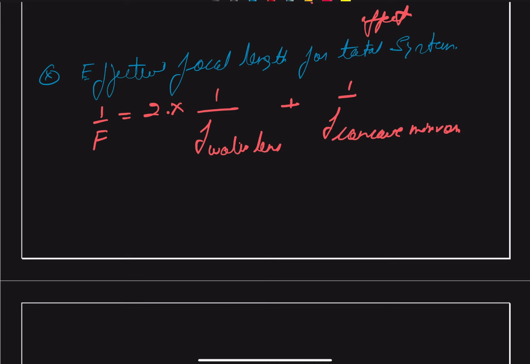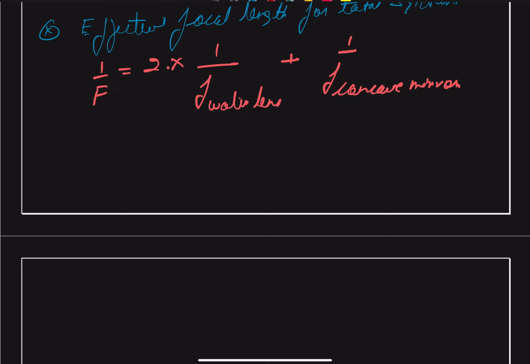And it is basically a plano-convex lens of radius r. Okay. So therefore we can write that 1 upon f for the water lens will be equal to mu minus 1 times 1 upon r.